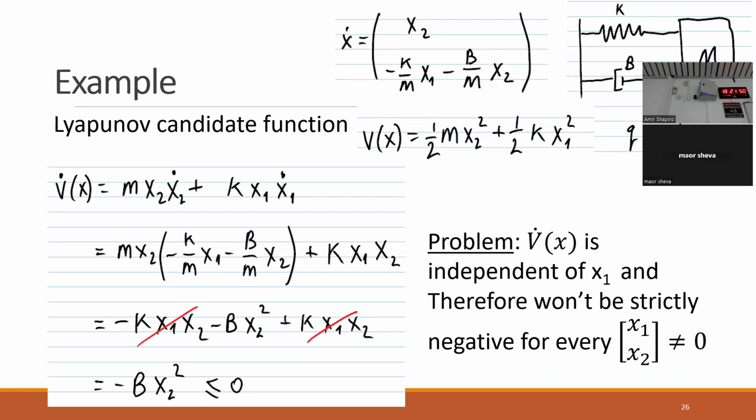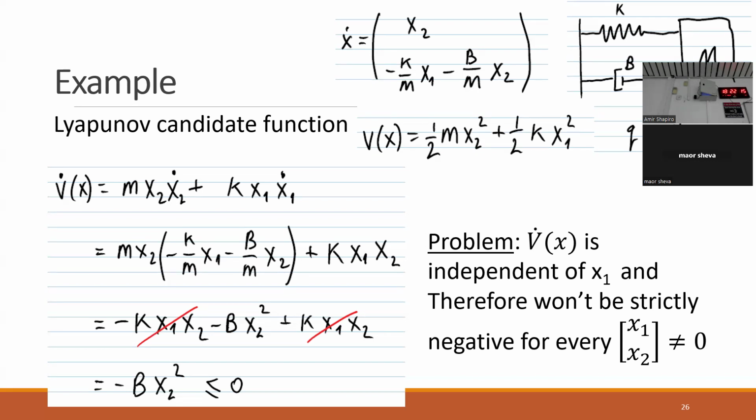So what do we have here? The m's cancel out, and we are left with minus k x1 x2 plus k x1 x2. See, minus k x1 x2 plus k x1 x2.